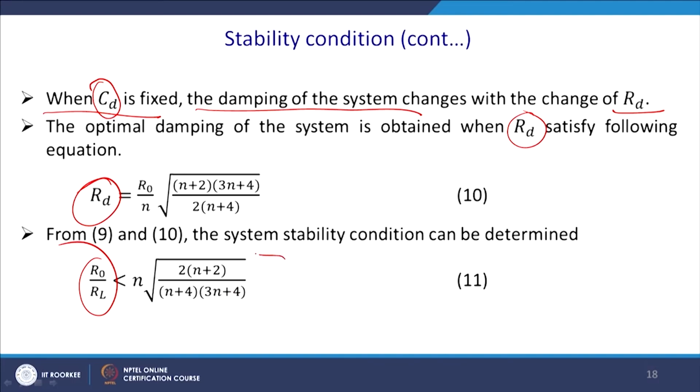These are the conditions to follow while choosing, because you have chosen a filter based on the switching frequency.